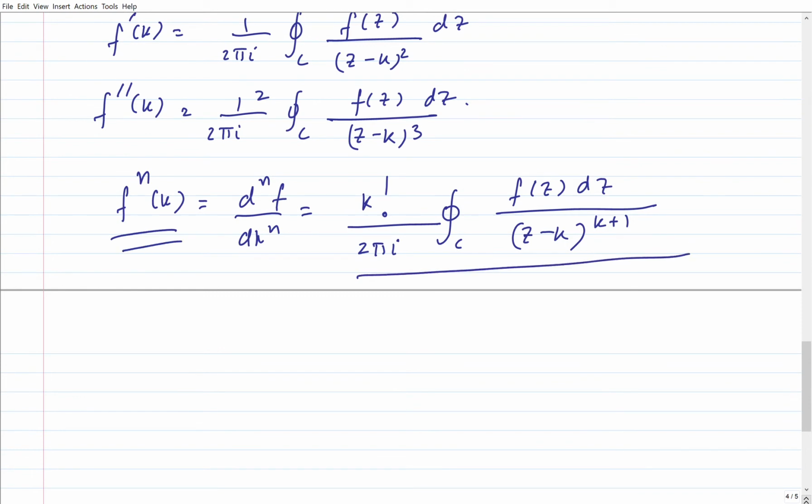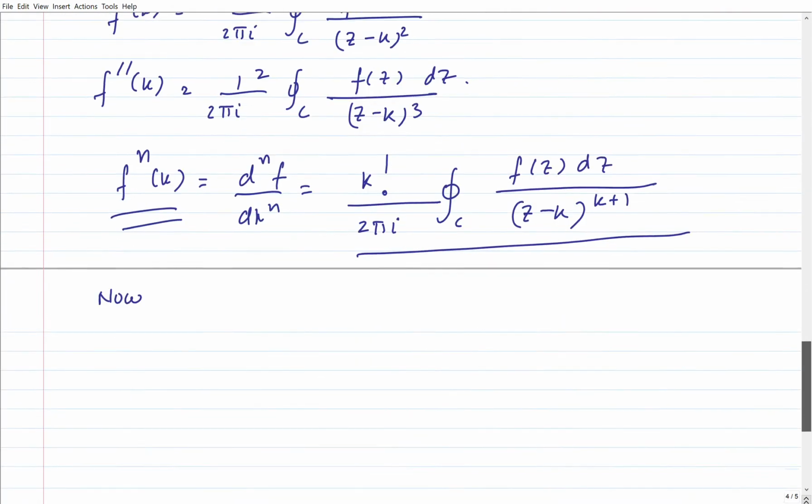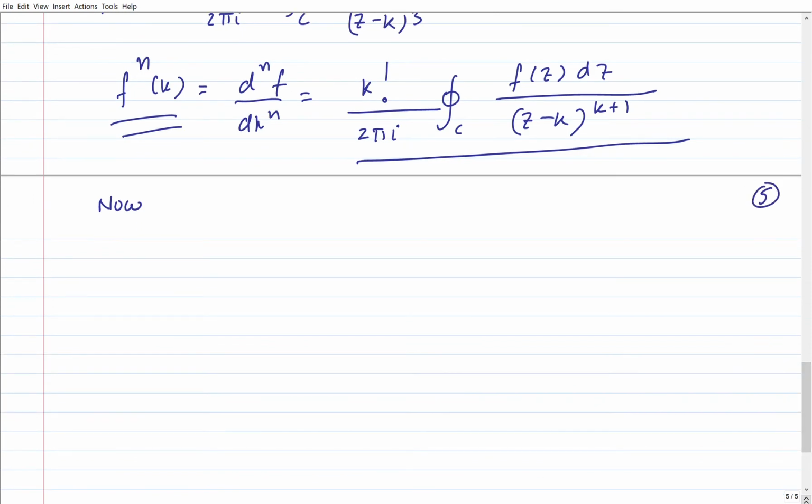So as an application of this, now let's consider the series expansion of a complex function.